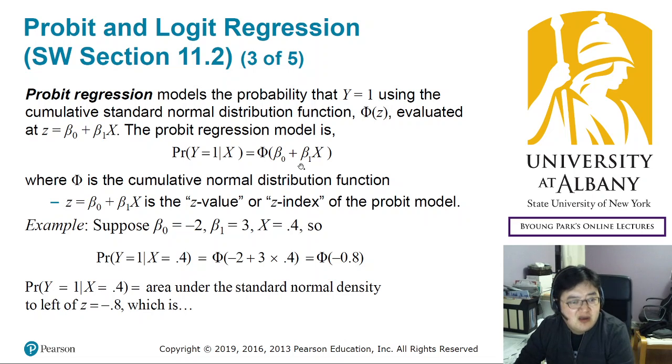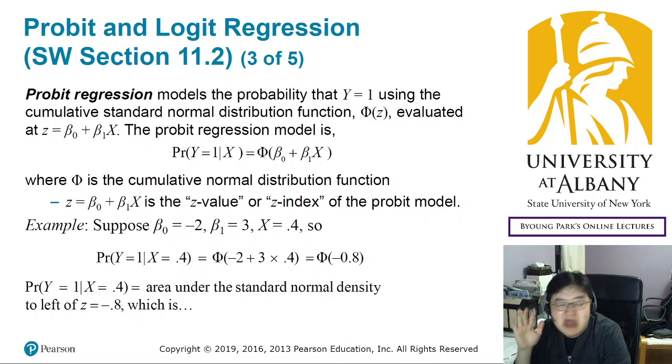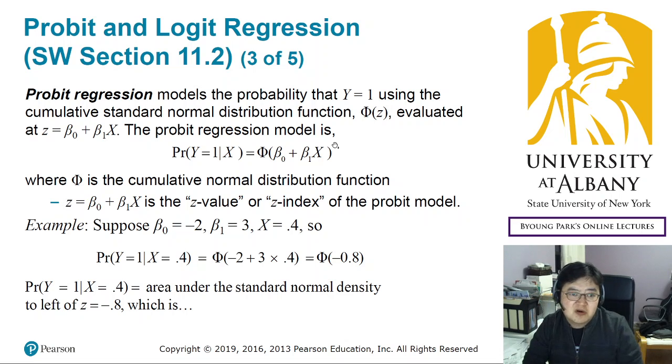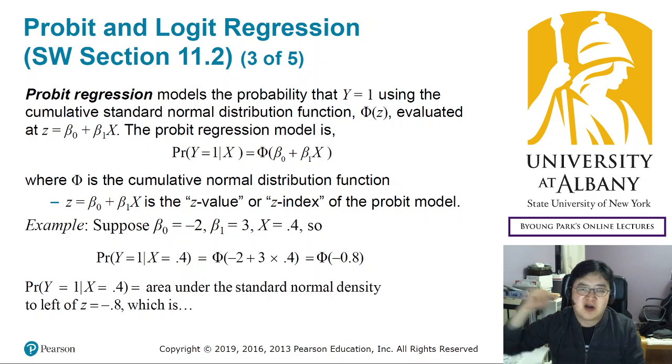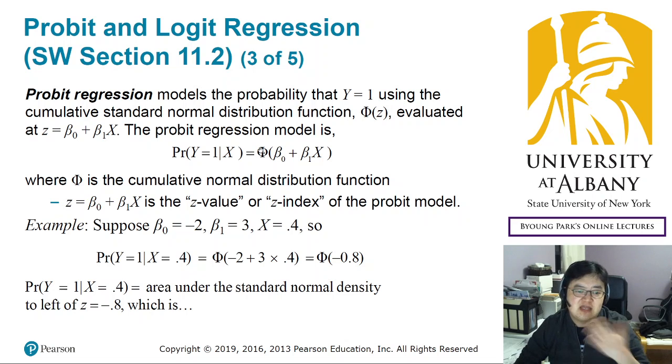So in that way, the inside captures some kind of score, which is purely imaginary. You never observe the score, but we just assume that there is a score, which is a linear function of x. And then once you get the score, you are assigned a probability by this function. I believe it is an easier way to understand.